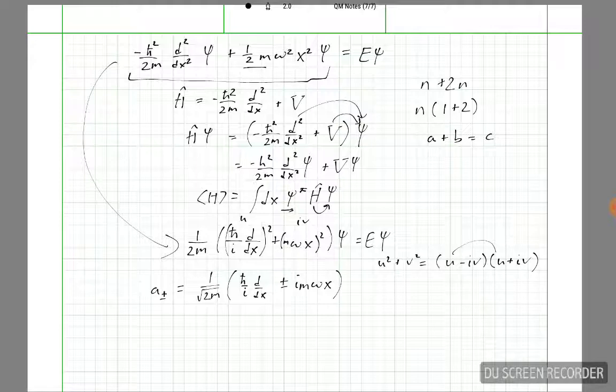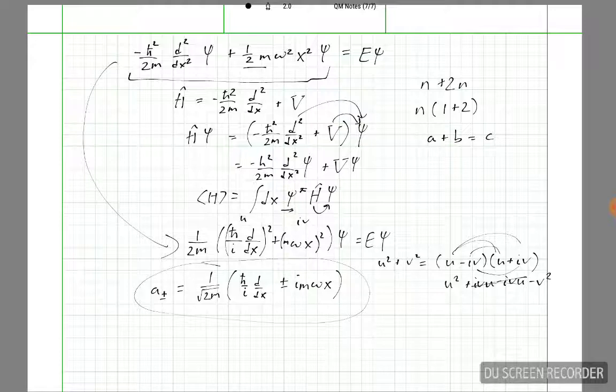So if I go ahead and FOIL that out, I get u squared plus ivu minus ivu, and then we get negative v squared, and those guys cancel. Just using that same very simplistic idea to come up with these two operators to see if I can then apply them to my equation.